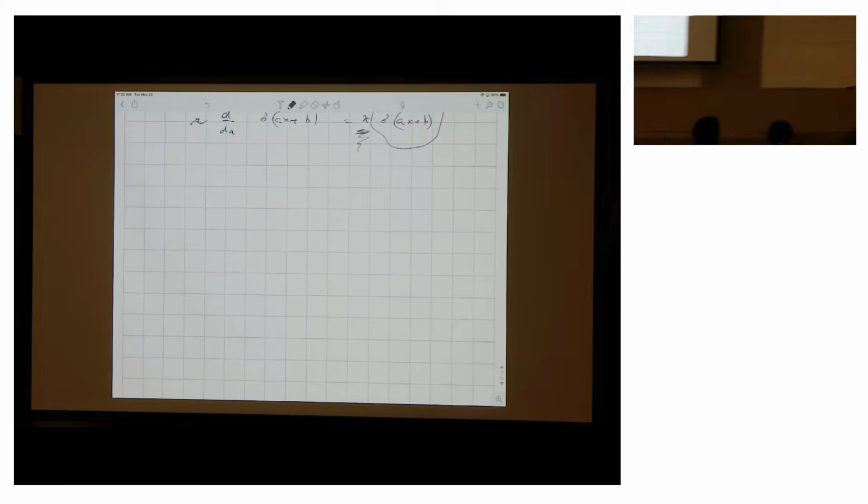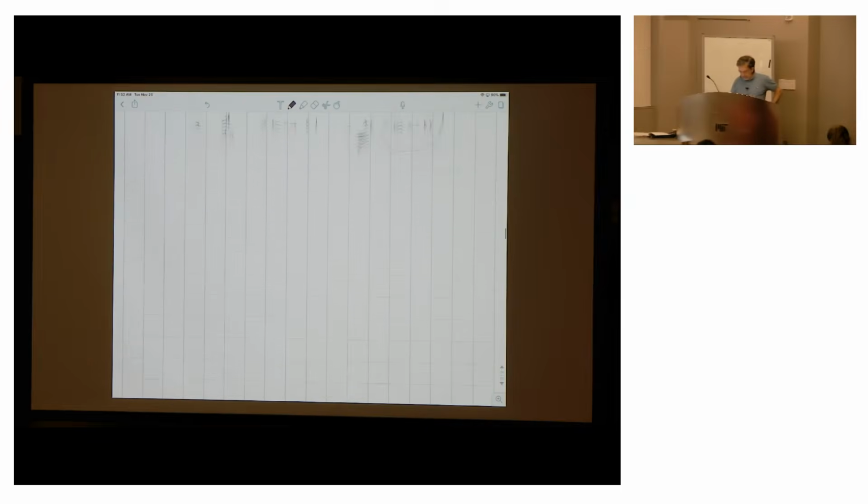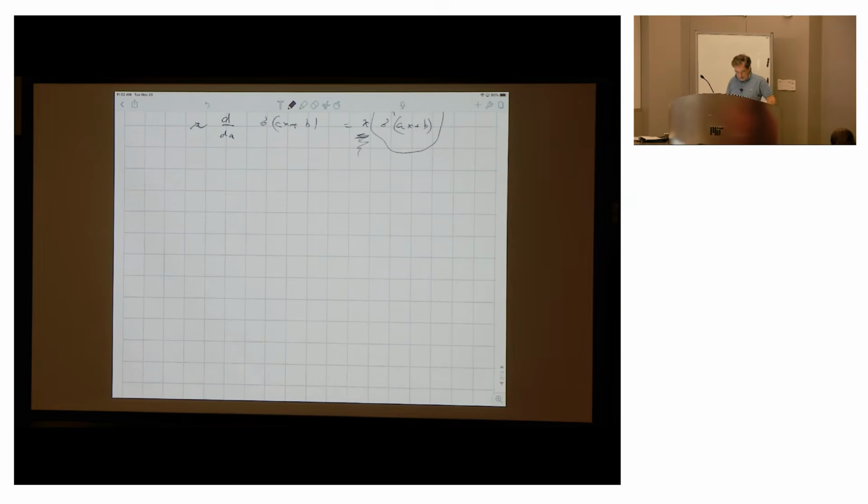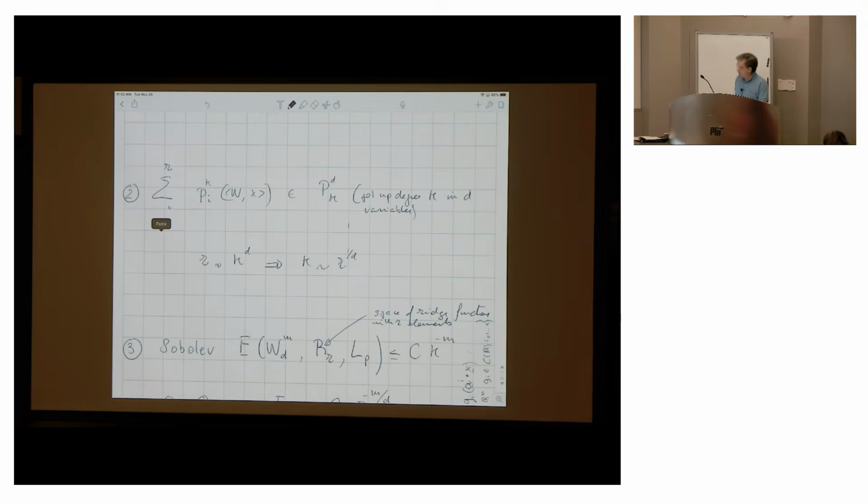This is actually what you do in the second step, the one I mentioned. This one.